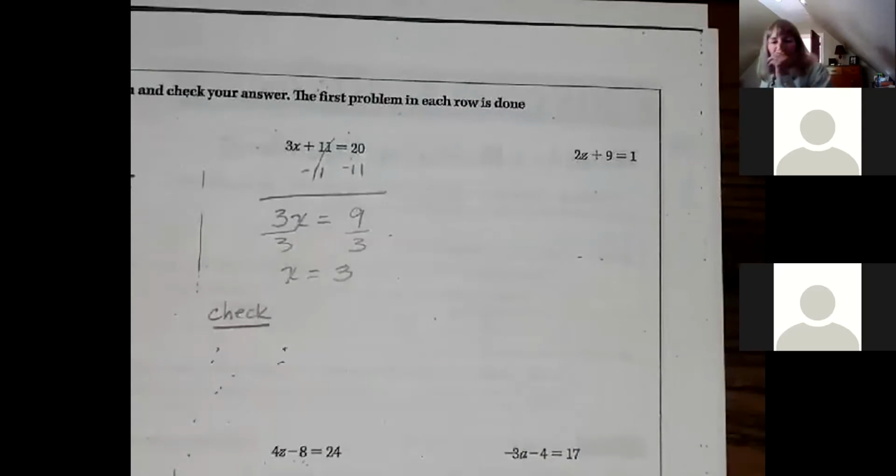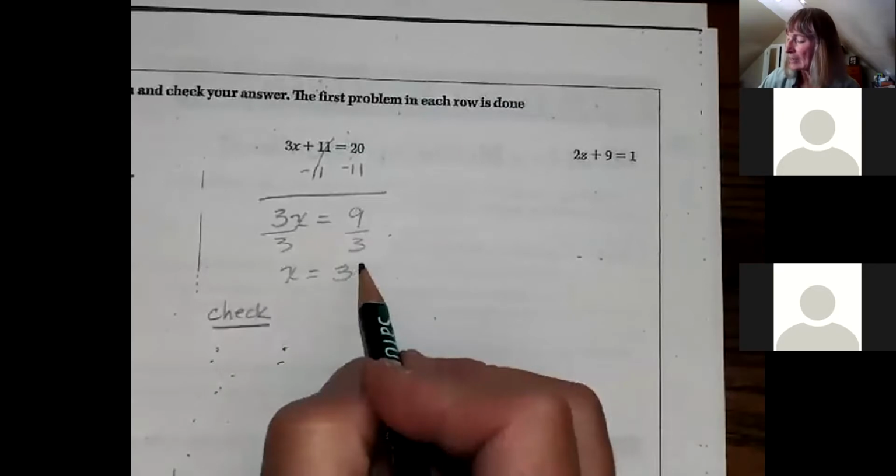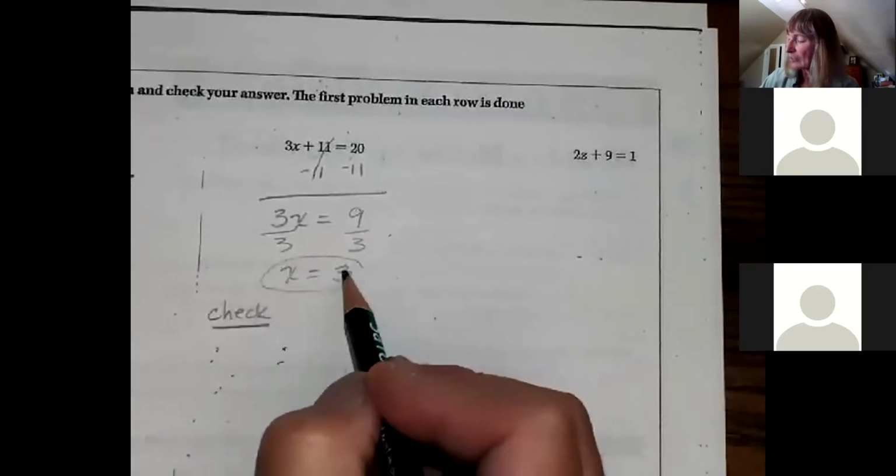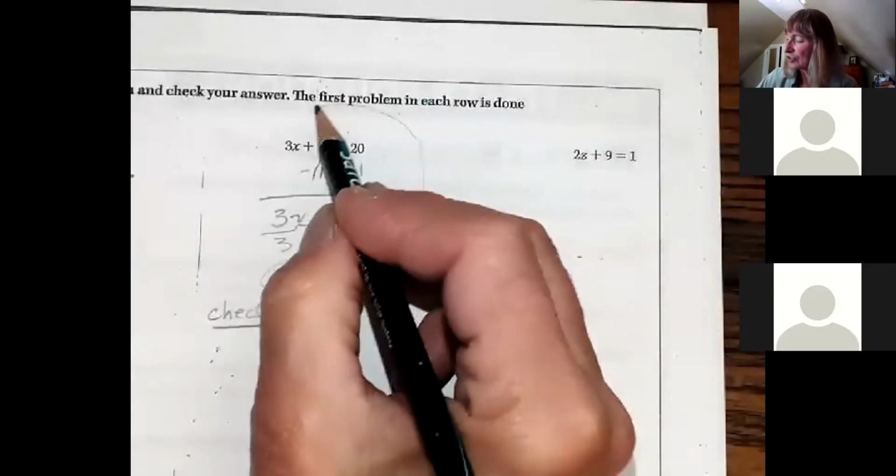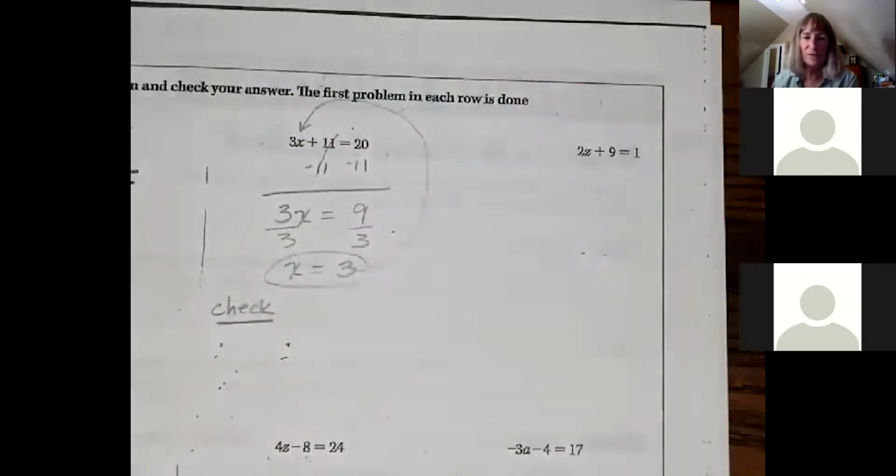You can always check your answers to an algebra problem by taking your solution and plugging that number into the original equation and see if you made it true.